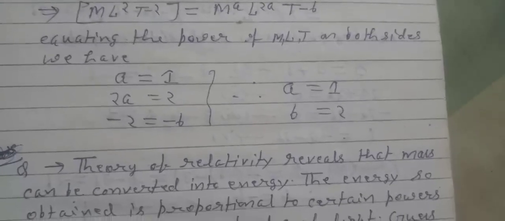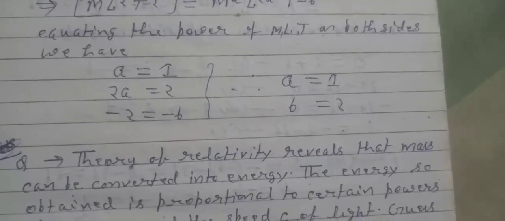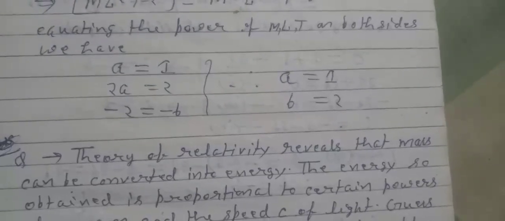Equating the powers of M, L and T on both sides, we get A equals 1, 2A equals 2, and minus 2 equals minus B. Hence A equals 1 and B equals 2.